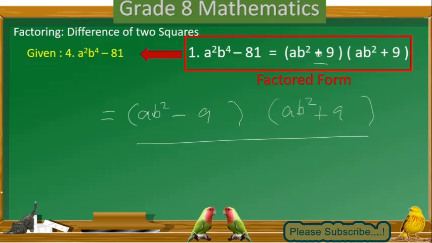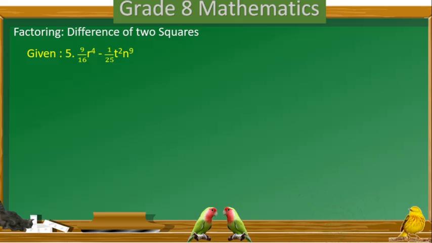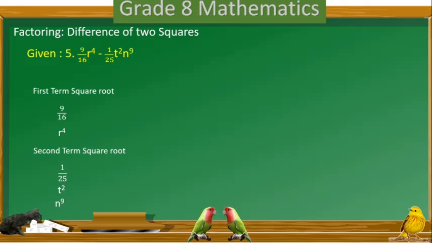Okay, next number. For the fifth one, we have 9 over 16 r to the fourth minus 1 over 25 t squared, then n to the 9. So for the first term, we have that one. The second term, we have this one. So first, we're going to find its square root.